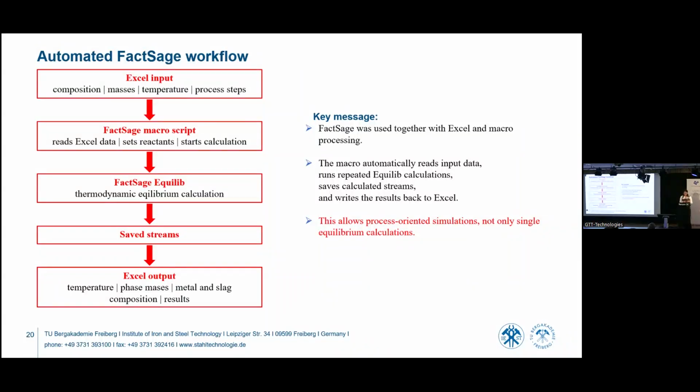Then I will show the interaction between magnesium oxide carbon refractory and ladle slag. And third, I will show the part of a basic oxygen furnace process simulation where FactSage macro processing was used to follow temperature and composition change step by step.